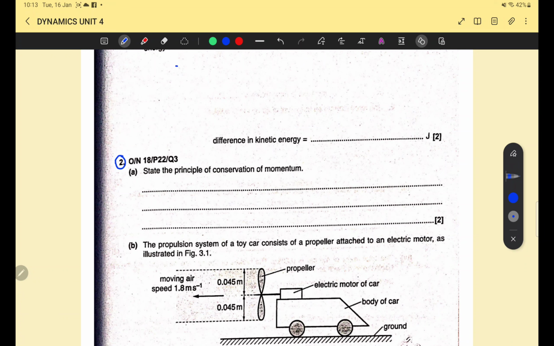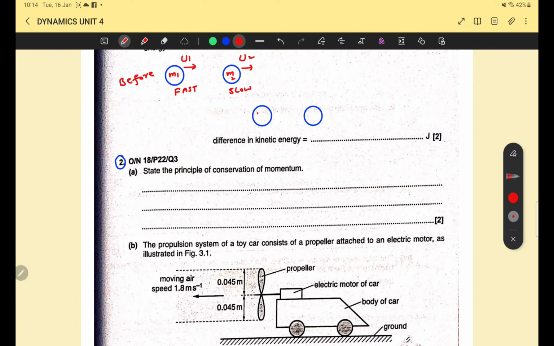In IGCSE we study that if two bodies are going to collide, consider the mass is m1, its velocity is u1, the other mass is m2, its velocity is u2, and this is the situation before collision. Consider one is fast and the other is slow.